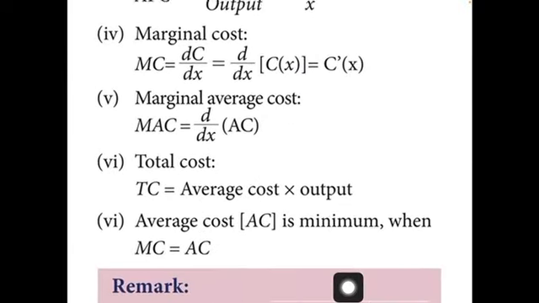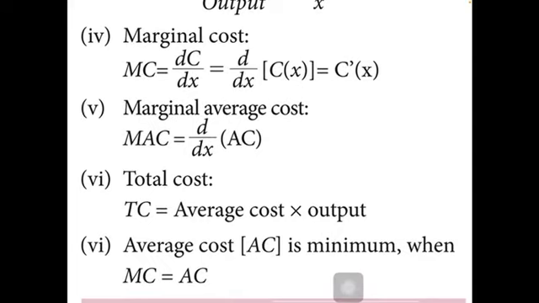Next, marginal cost. Marginal means you have to differentiate. So, marginal cost means you have to differentiate the cost function. Cost function differentiate panna marginal cost you will get. Marginal average cost: if you differentiate the average cost function, you will get marginal average cost.